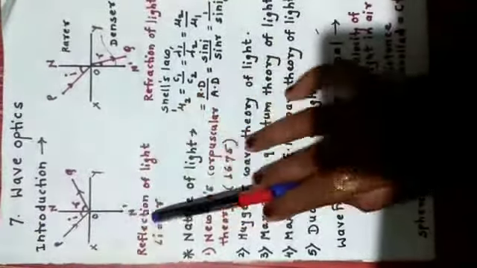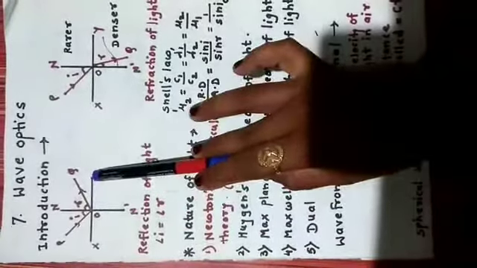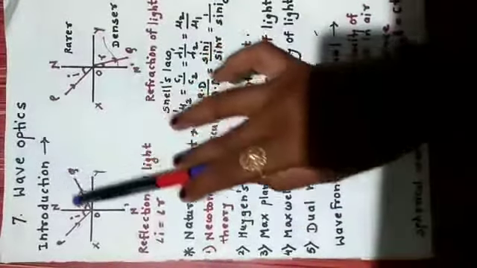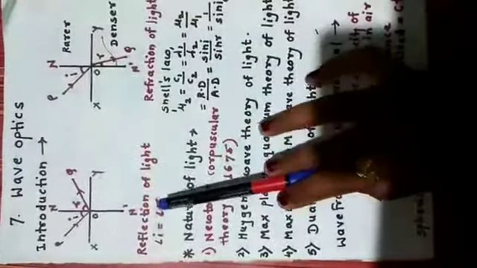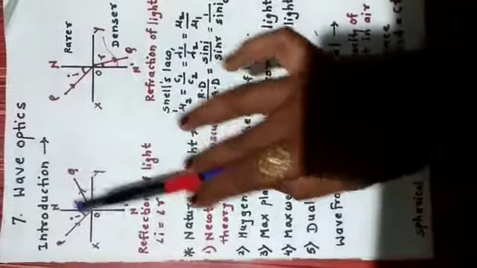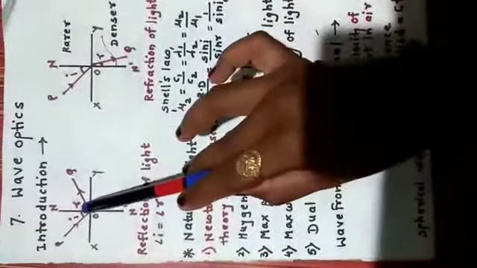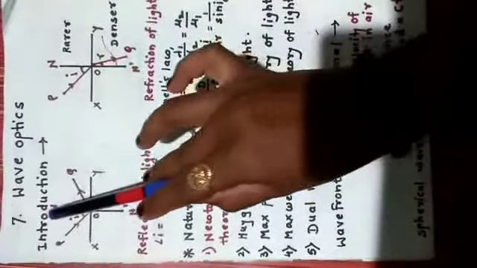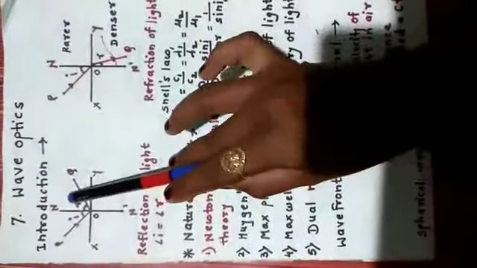Now when PO is incident on the surface XY, it moves back into the same medium, and this phenomenon is called reflection of light. And this light ray OQ is called the reflected light ray. And the angle between the reflected light ray and the normal is called the angle of reflection.